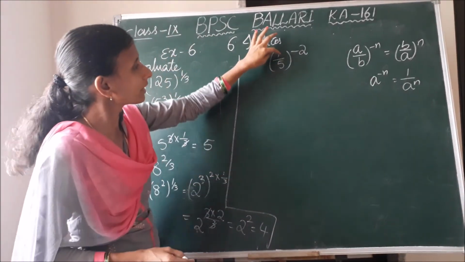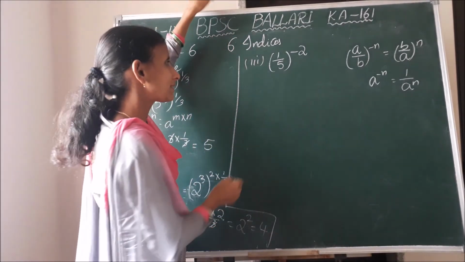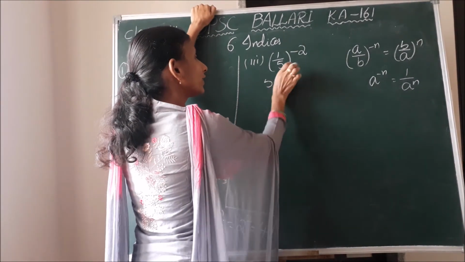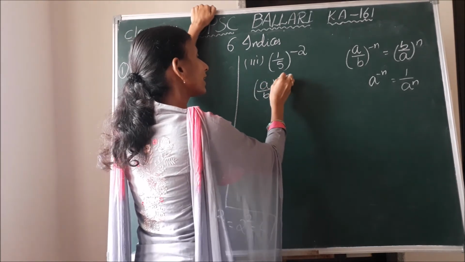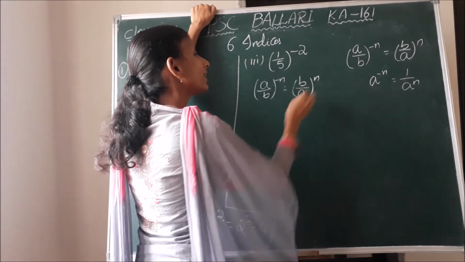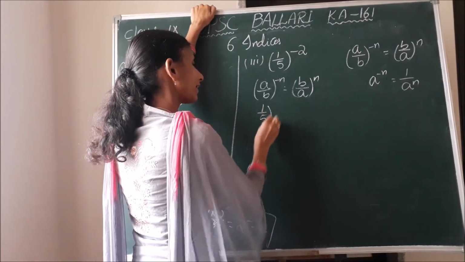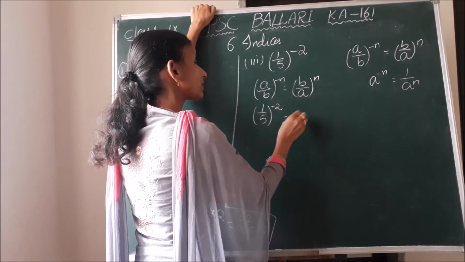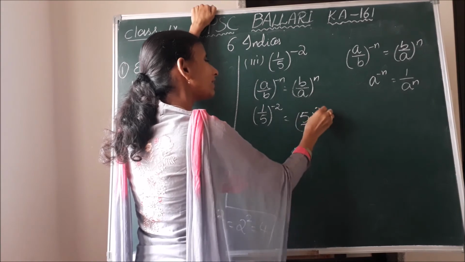So here you see 1 by 5 whole power minus 2. So what happens here? According to the law of a by b whole power minus n is equals to b by a whole power n, 1 by 5 whole power minus 2 is equals to 5 by 1 whole power 2.